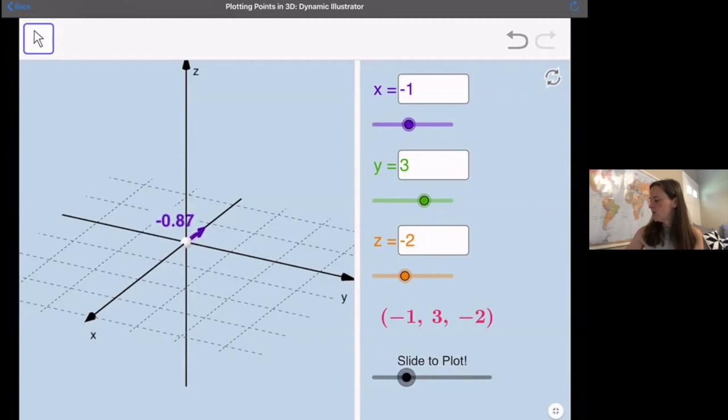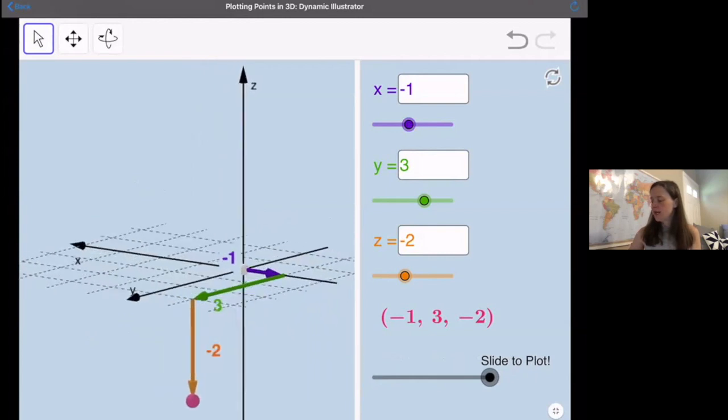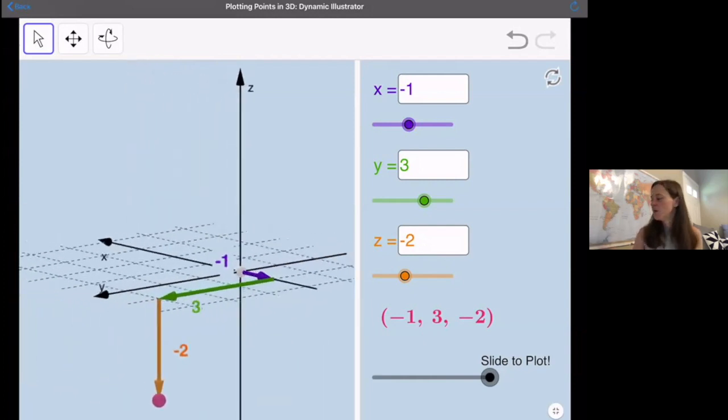So we go -1, then it turns and goes +3 in the Y direction, along this direction, and then -2 goes down through the floor, right? The positive Z direction is up, so -2 means 2 tick marks down. Rotating this around, you can see that that point is hanging out below the XY plane in the -Z range. Again, I'd encourage you to play along with that applet posted on our Moodle page and get an idea about plotting points in 3D.